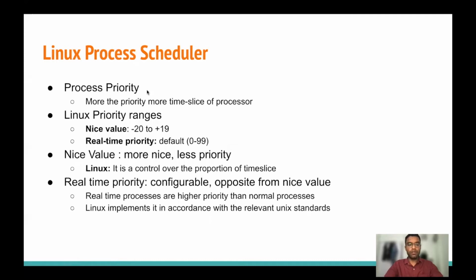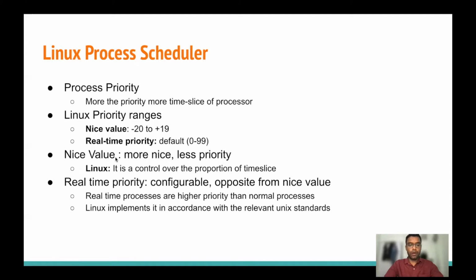Every process running in the Linux system has a priority, and that priority decides how much time of a processor that process will get. Priority for Linux processes is assigned with the help of a nice value and a real-time priority. Nice value varies from -20 to +19, and real-time priority varies from 0 to 99.